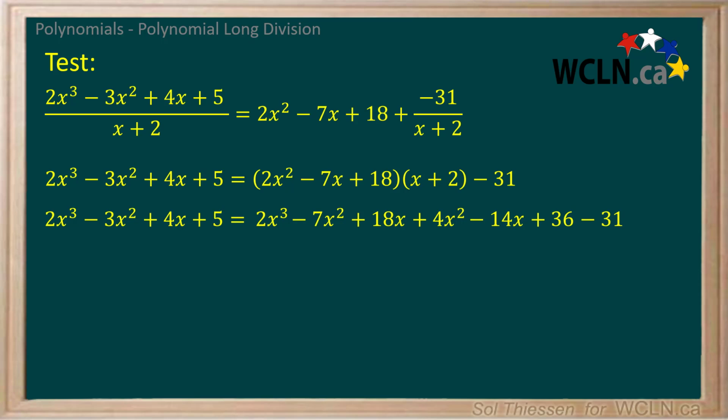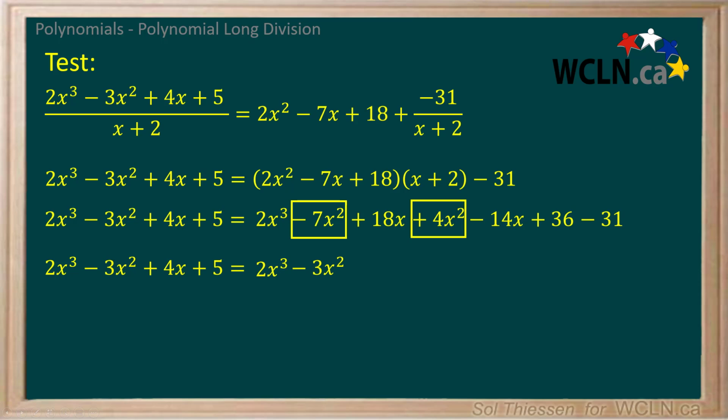Now, combining like terms, we circle the x cubed terms. There is only 2x cubed. It comes down as it is. Next, we'll box the x squared terms, negative 7x squared and 4x squared. Their sum is negative 3x squared. Next, we underline the x terms, 18x and negative 14x.